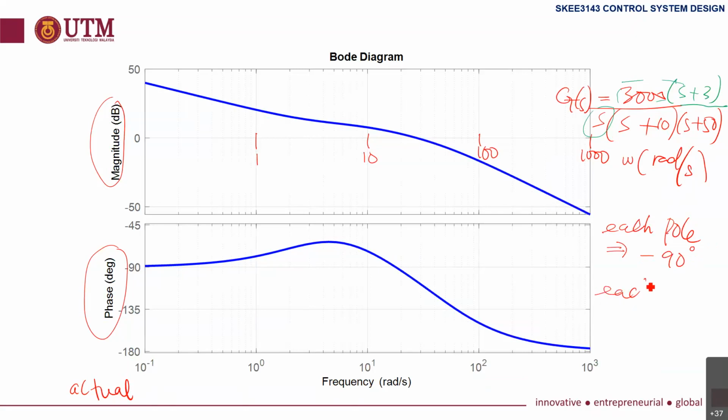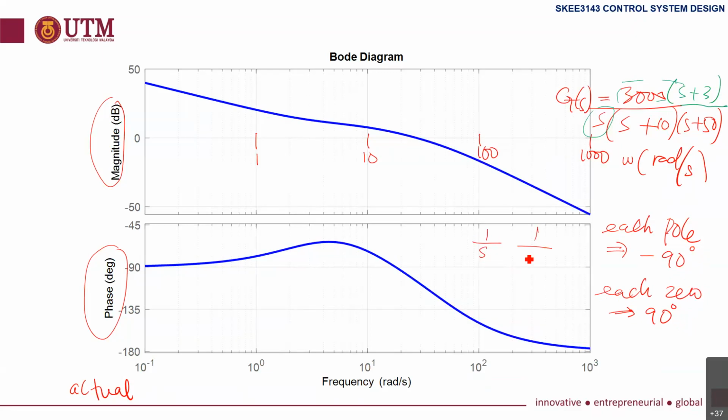Each zero contributes 90 degrees. I was talking about at the end, it goes to minus 90 or goes to 90 degrees. For example, 1 over s means one pole is always minus 90 degrees.